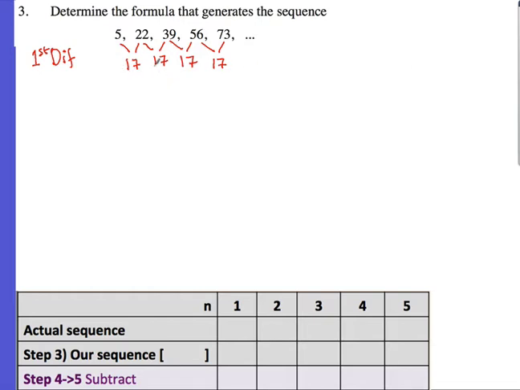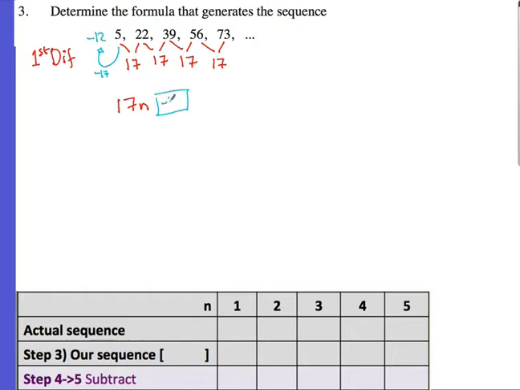It is in the 17 times table, so it's 17n. Now we need to work out what the constant is that we need to add. So we need to go one term backwards. So it means we have to take away 17 because we're going up 17 if we go to the right. And 5 take away 17 is minus 12.